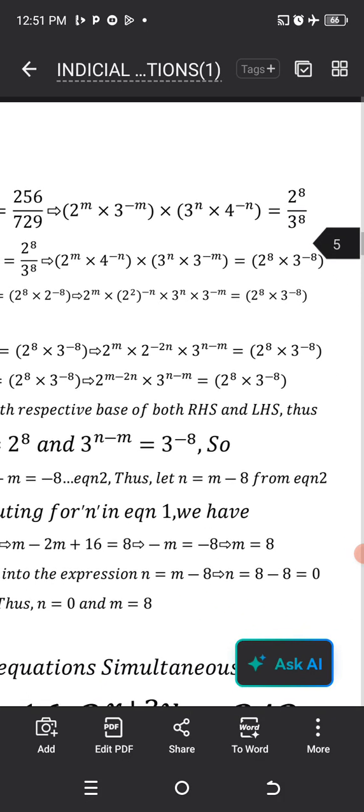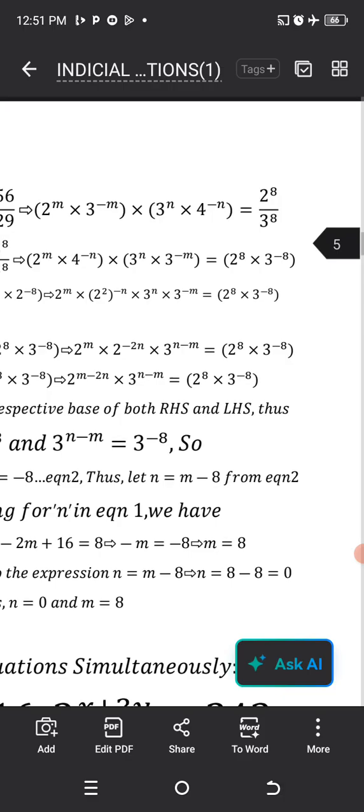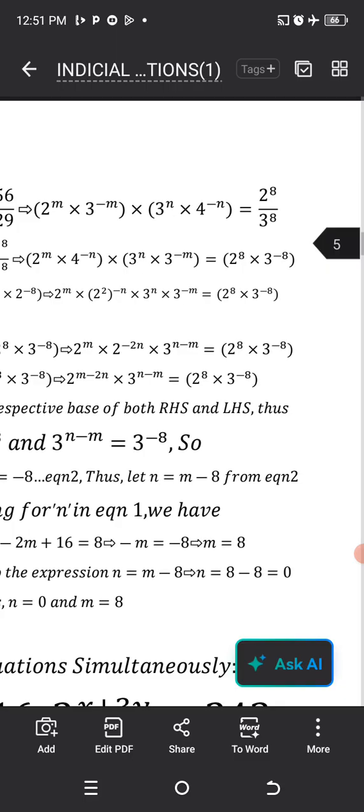On the right hand side, I have applied a division expression, because 2 raised to power 8 divided by 3 raised to power 8 is 2 raised to power 8 multiplied by 1 over 3 raised to power 8. You see that negative there. That's why you have 2 raised to power 8 multiplied by 3 raised to power minus 8. Sure you get now?